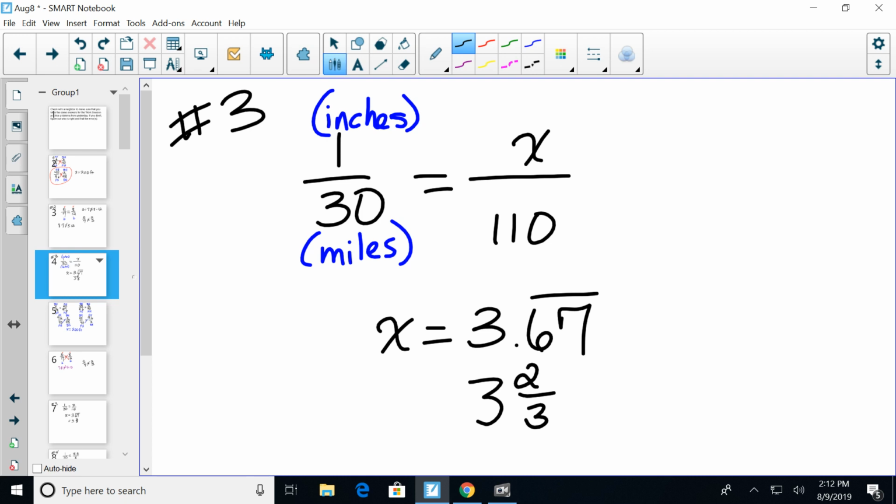What's the decimal for 1/3? 0.33. So then 67 would be 0.33 plus 0.33 gives me 0.66, which is about 0.67.